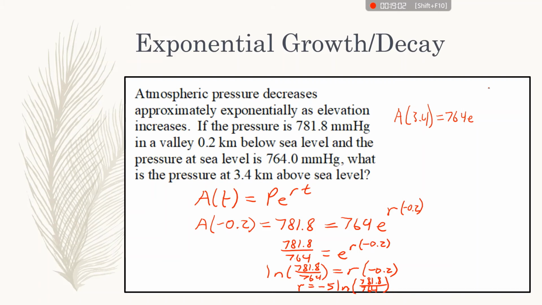So I can say this is 764 e to the natural log of 781.8 over 764 raised to the negative 5 times 3.4. Okay, so this e and ln will cancel.